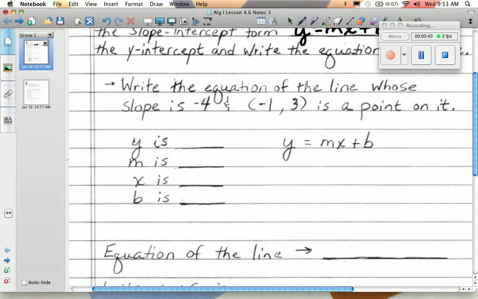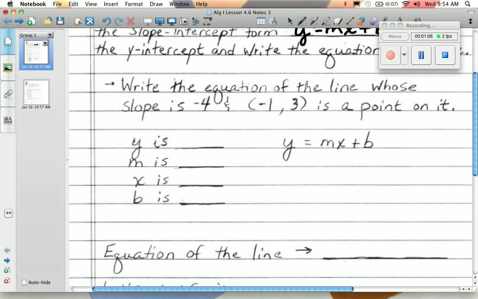Okay, so let's practice with this one. Write the equation of the line whose slope is -4 and ordered pair -1, 3 is a point on it. So we're going to substitute into our y equals mx plus b, and I'm pretty sure that right now we know how to solve an equation as long as we only have one variable left to solve for.